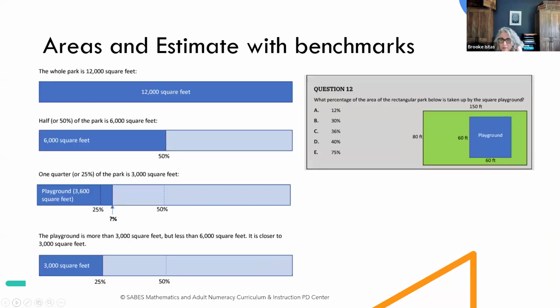Another one is to use what are called Singapore strips, where they think about whole and part reasoning. If I know that the whole area is 12,000 and then half, they just continue to benchmark it down. So using area with estimates with benchmarks is also good.